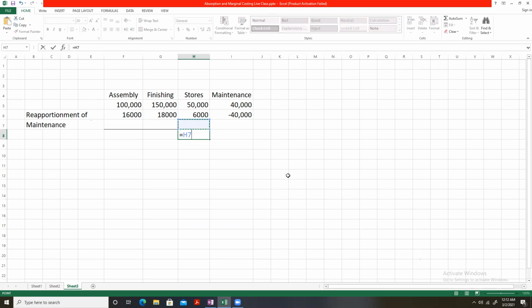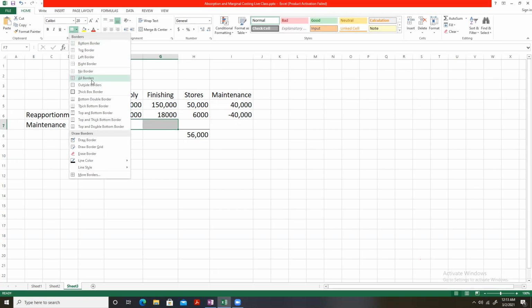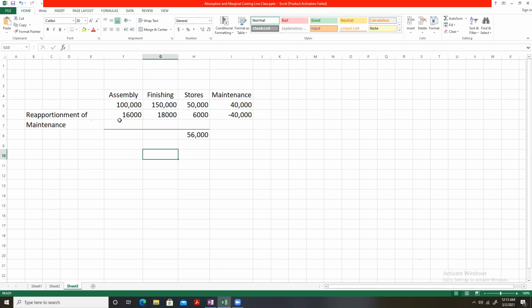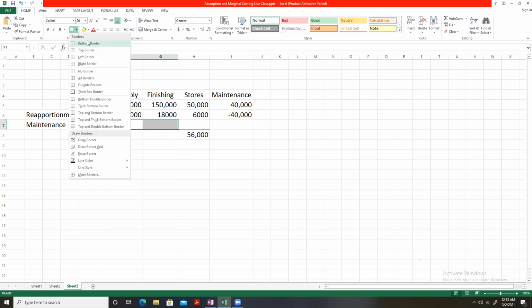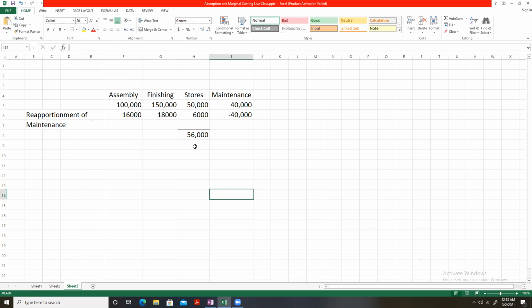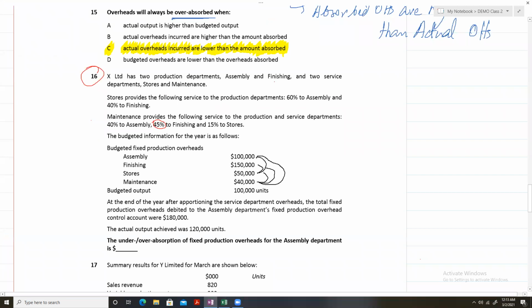Now we need to reapportion overheads of the stores department to assembly and to finishing. I think this line here is not necessary at all. So now let's reapportion stores to assembly and finishing. How much work does stores perform for assembly and finishing?